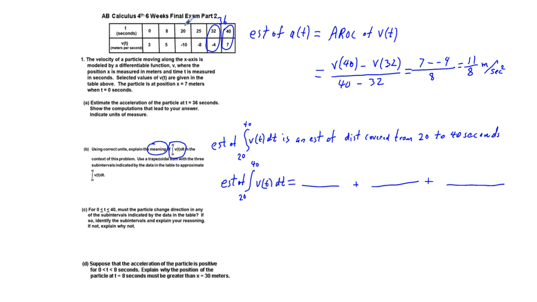For a trapezoidal sum, we're dividing by 2, so I'm just going to put the 2 here. And then we're going to have the height of each of these trapezoids. Well, it's going to be 25 minus 20, or 5. The next one we have is 32 minus 25, or 7. And the last one is 40 minus 32, or 8.